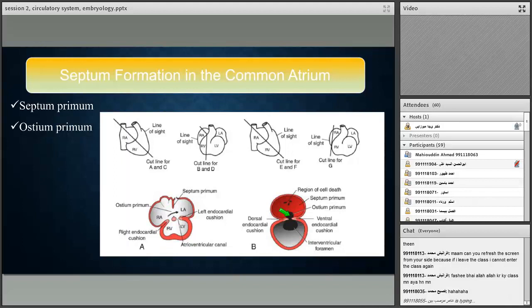But before the closure of the ostium primum, we can see some cell death in the superior part of the septum primum here.